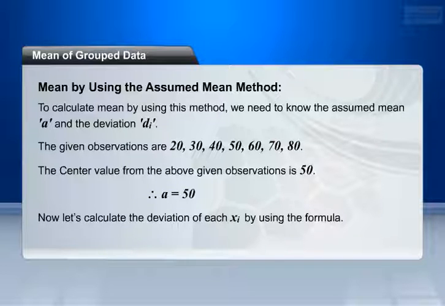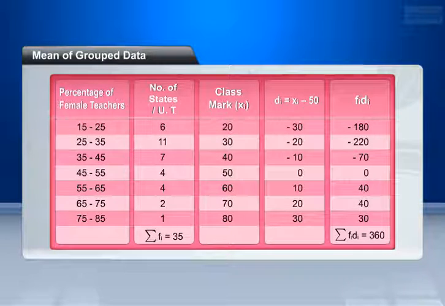Now let us calculate the deviation di for each xi by using the formula, di equals xi minus A, and also the product of the deviations di and the frequency fi, for each class interval using A equals 50, and xi equals class mark.